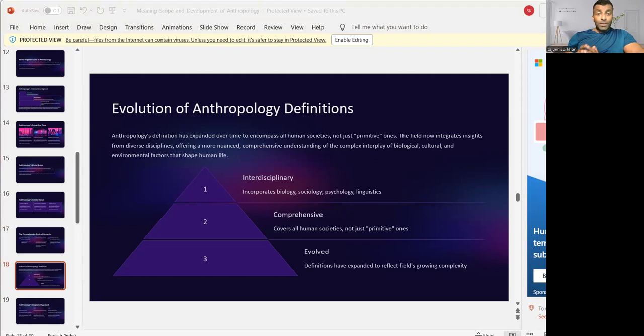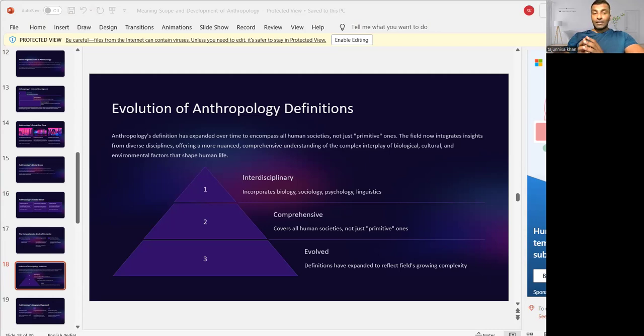But today, anthropology encompasses all human societies, both simple and complex, across time and across area, temporal or spatial, every aspect is covered. Simple society is studied, complex society, primitive society, modern society, rural society, urban society are all studied.